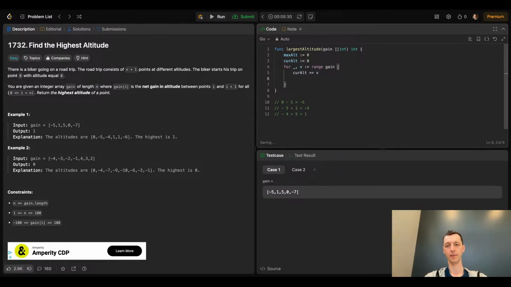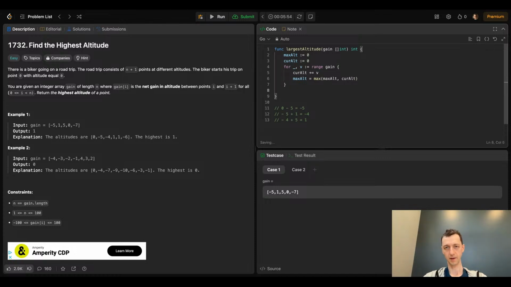And we need to update max altitude against the current altitude. Max altitude is max out of max altitude and current altitude.